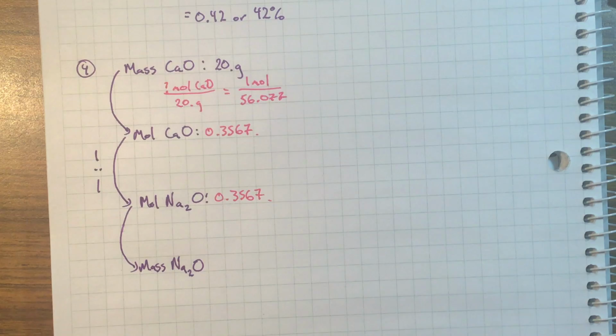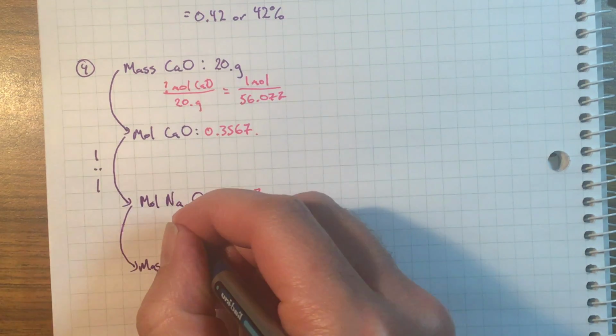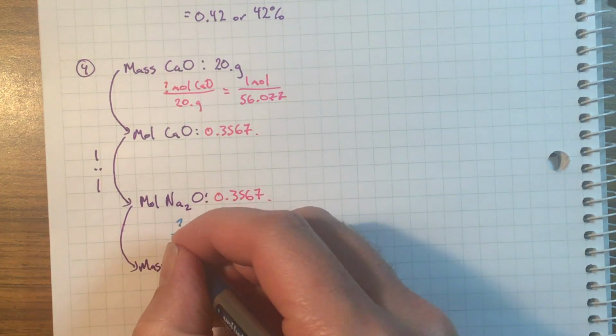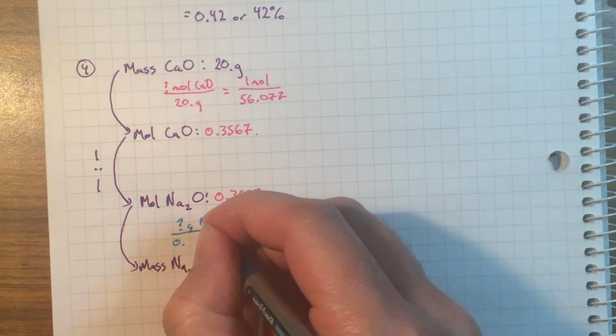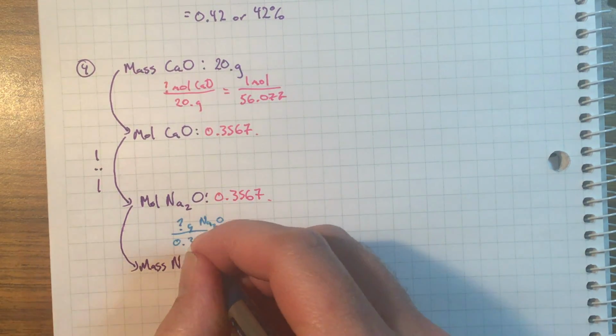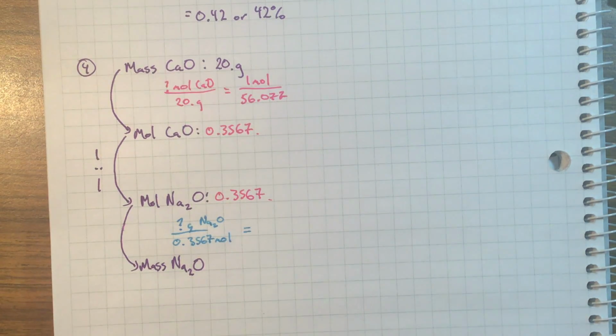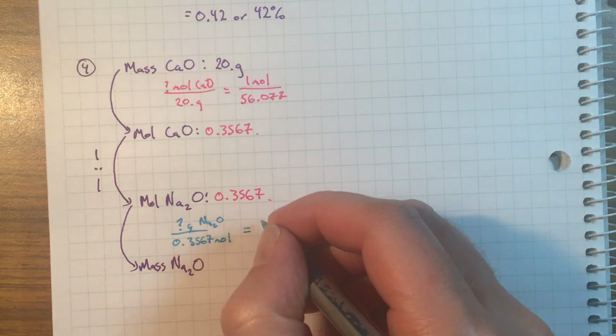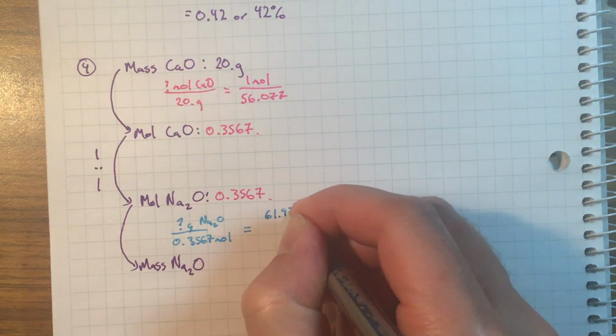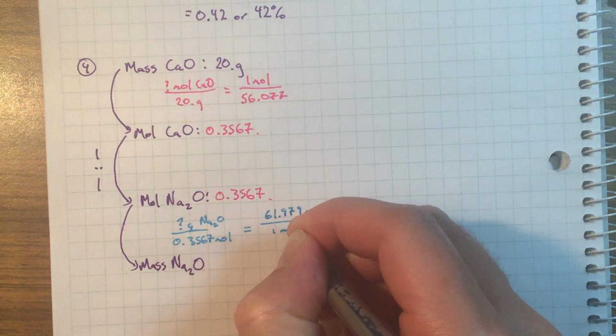Then we do this molar mass calculation. So how many grams of Na2O are there in 0.3567 moles? We've got to do Na2O, 22.990 times 2 plus 15.999, which is 61.979 grams in 1 mole.